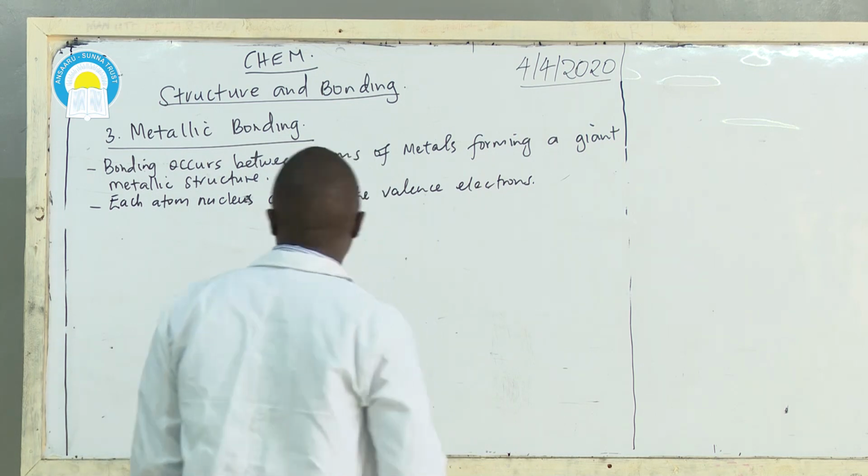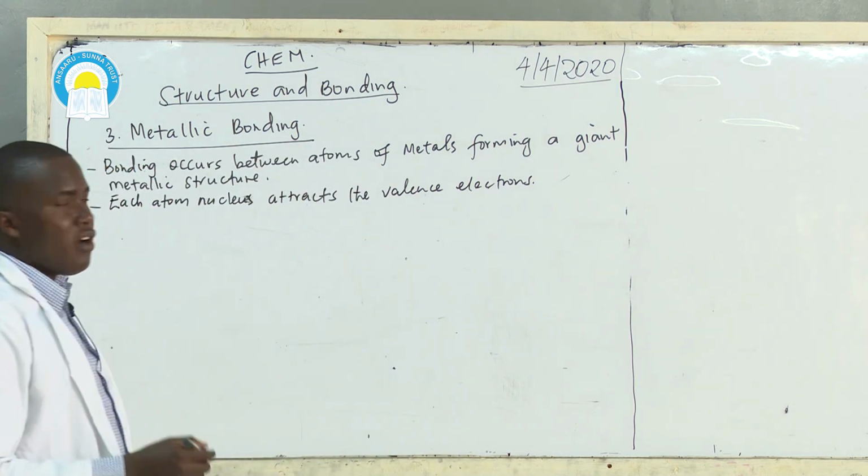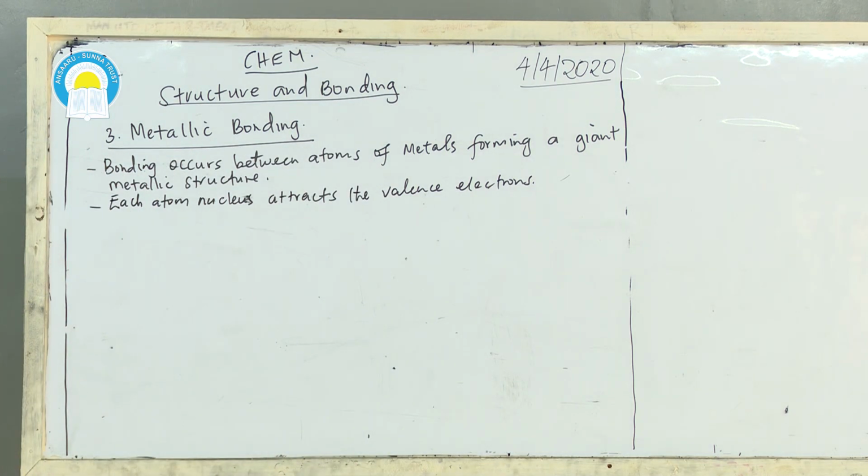So this attraction, if you have many of these atoms, is what will constitute a metallic bond.